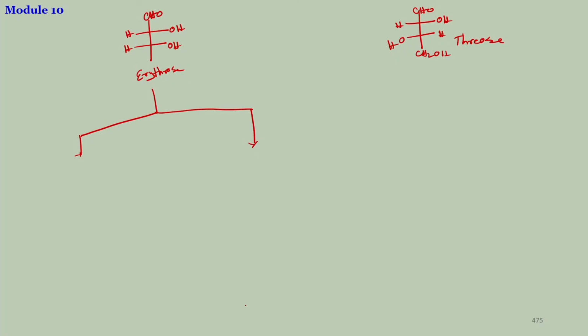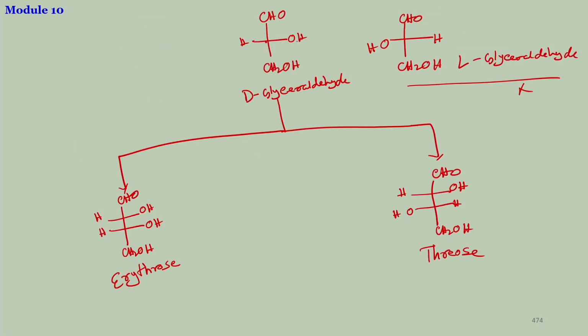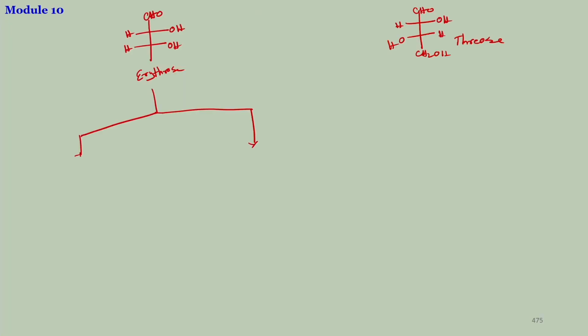If you move one carbon up again, it becomes a three carbon center, and this becomes C4, four carbon centers.